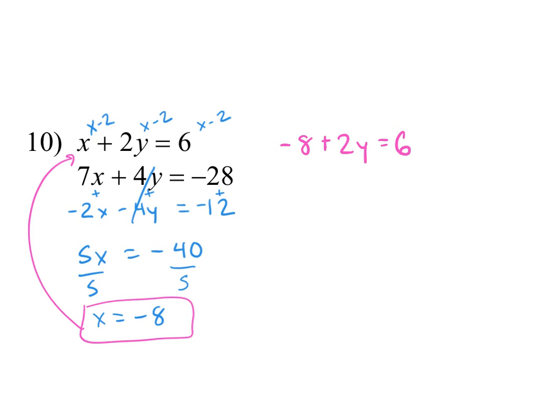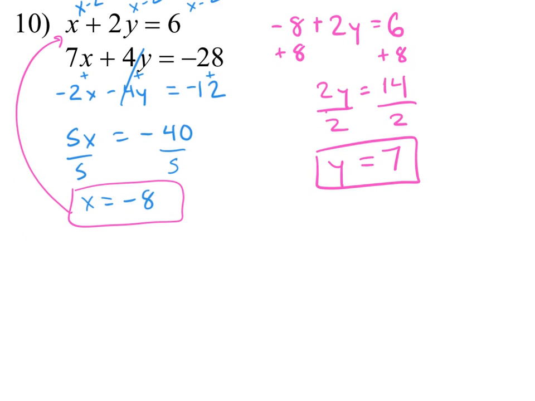How do we solve for y here? Add 8. So 2y is equal to, what's 6 plus 8? 14. Now what do we do? Divide by 2. So y is equal to? 7.